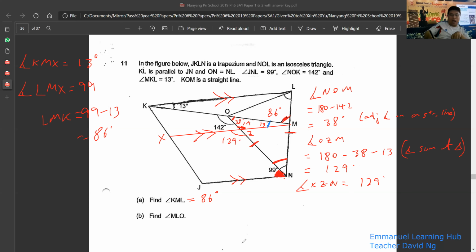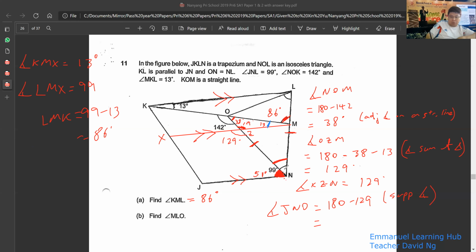So what's the angle JNO, or JNZ? How to find this angle? 180 minus 129. Very good. They are supplementary angles. Equals 51. So this shaded part is 51.